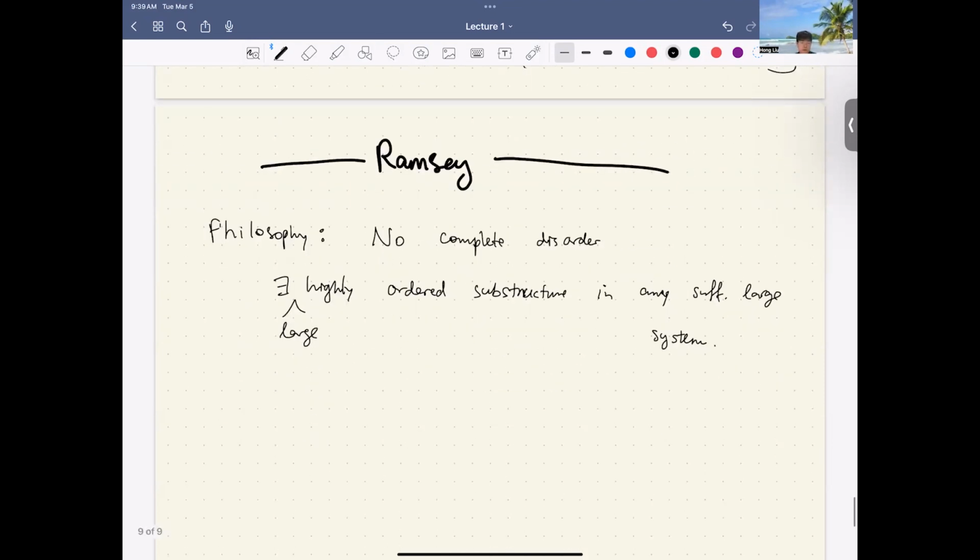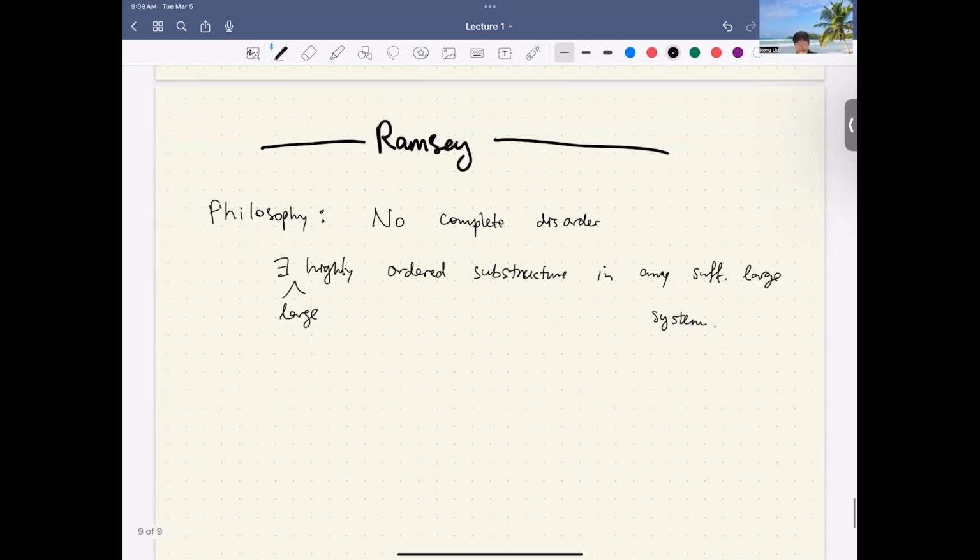Okay. So let me give you an example in terms of graphs. Let's consider a two edge coloring of a complete graph.